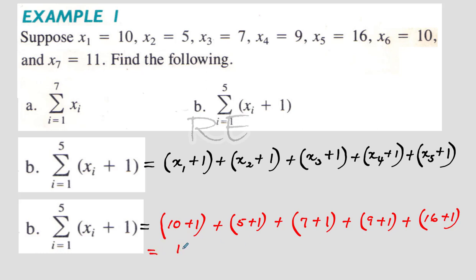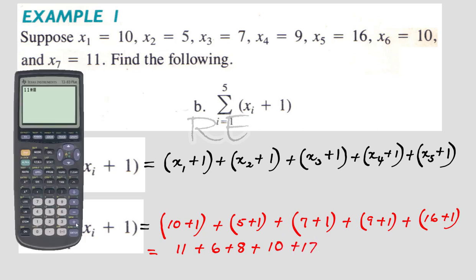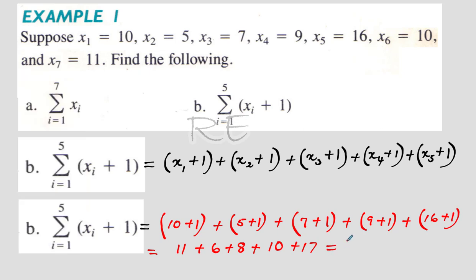Now, 11 plus 6 plus 8 plus 10 plus 17. With our TI-83, we will easily find the answer to our sum. It's 52.